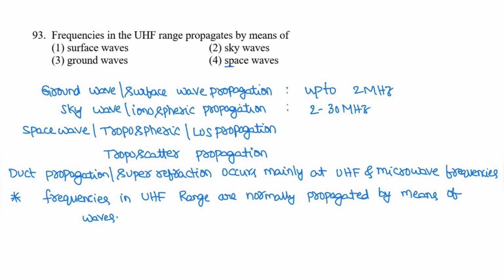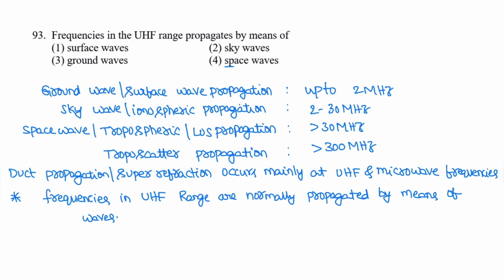For space wave propagation or tropospheric propagation or line of sight propagation, the frequency of operation is greater than 30 megahertz. For tropospheric scatter, it is greater than 300 megahertz.